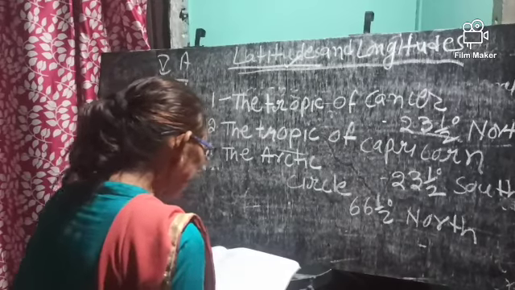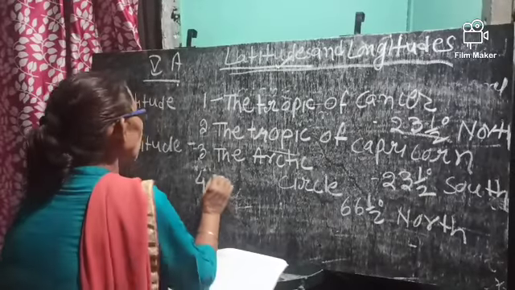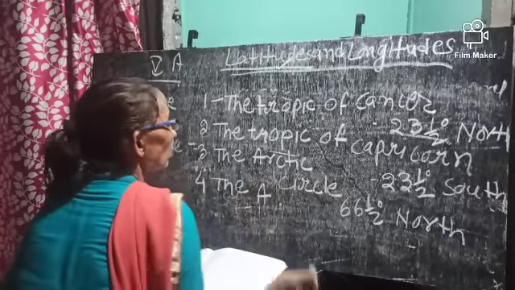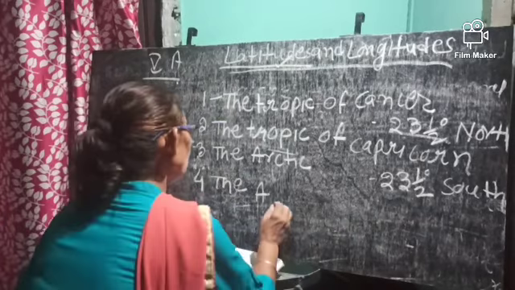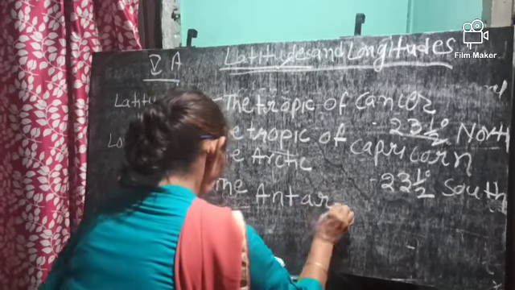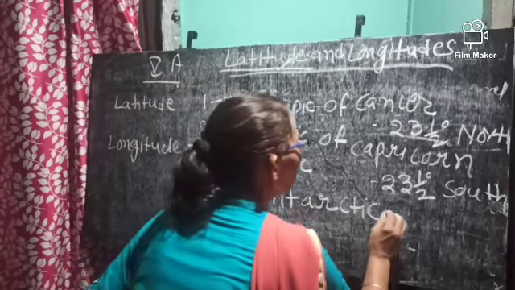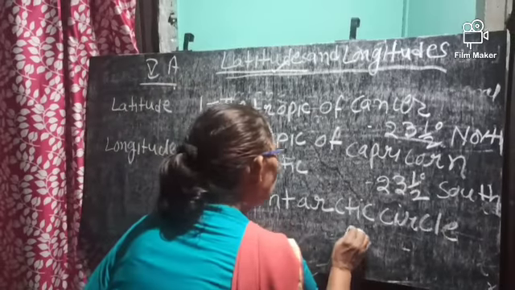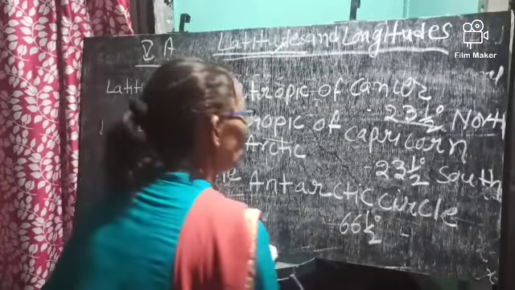The fourth one is the Antarctic Circle, 66.5 degrees south.